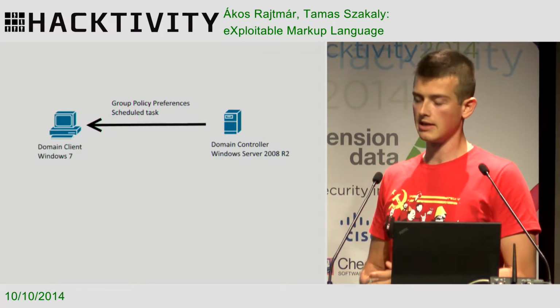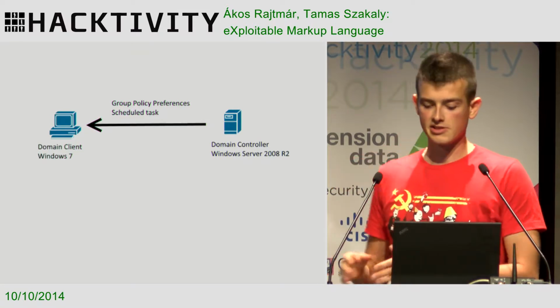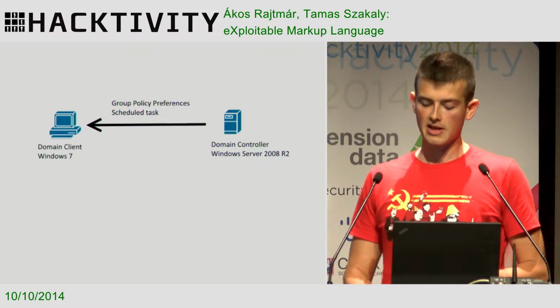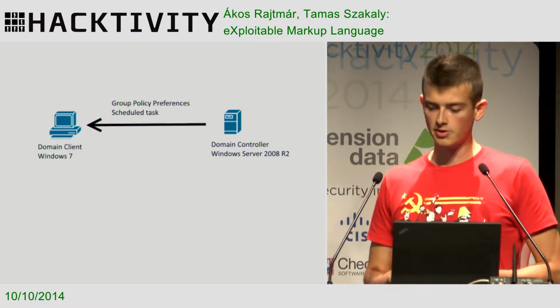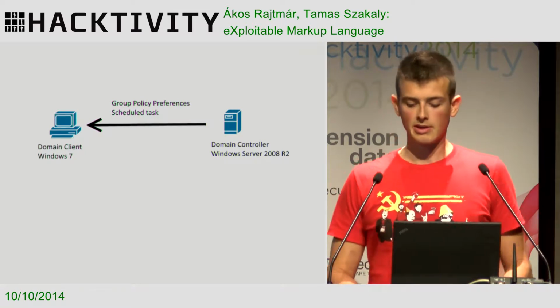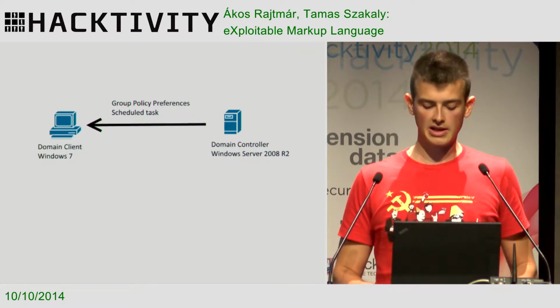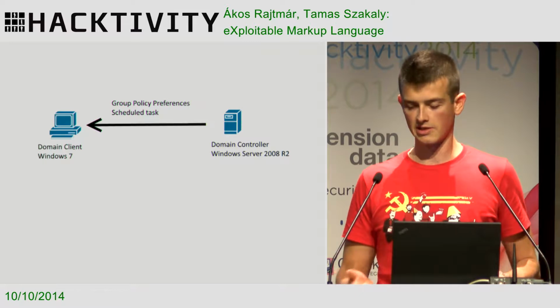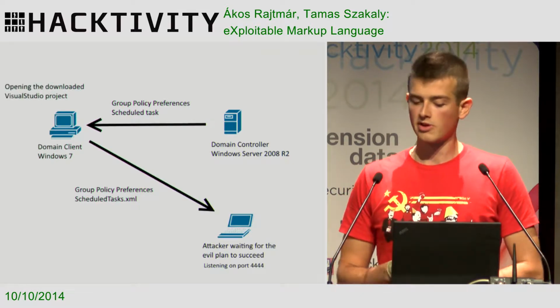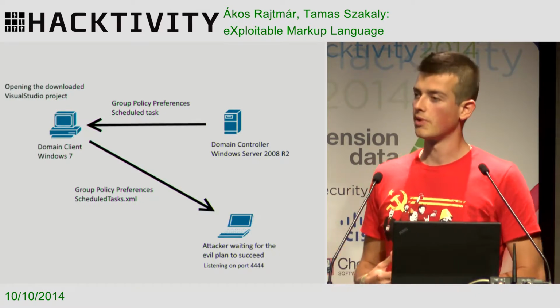We use a share on sysvol that the DC can communicate with, and it puts XML files on the sysvol containing these settings. These can be read by any domain user, and they include the password needed by the client, in an encrypted form.